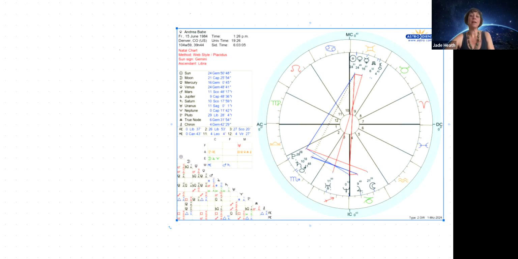So there's a lot of uncovering and personal investigation that you could do in learning about this conversation that Pluto, Saturn, and Mars are all having together in the second house in Scorpio.